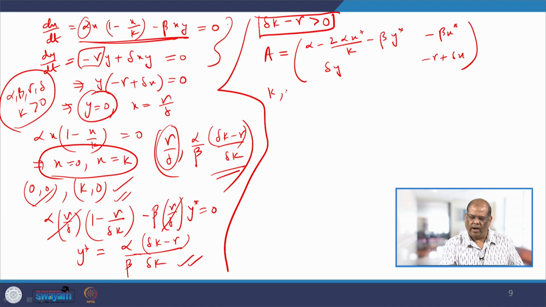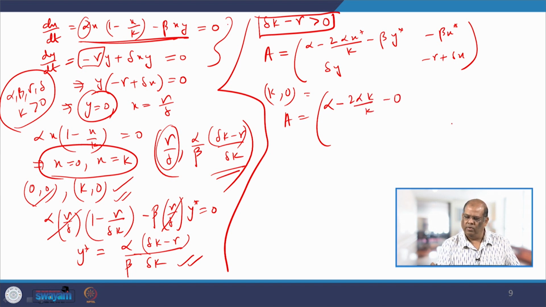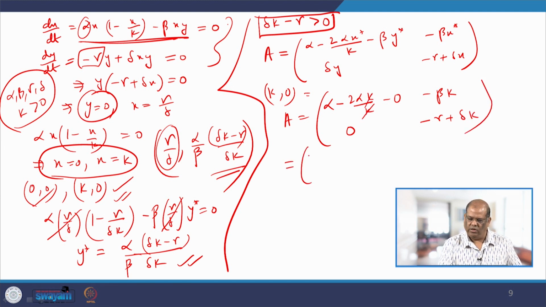So, to find it at the point (k, 0), I have to substitute x star equal to k and y star equal to 0, and your matrix A will be alpha minus 2 alpha k by k minus 0, minus beta k, 0, and minus gamma plus delta k. If I simplify, I get minus alpha, minus beta k, 0, delta k minus gamma.